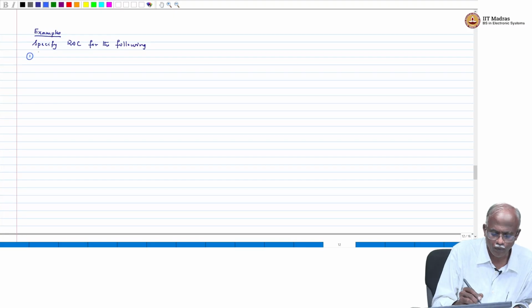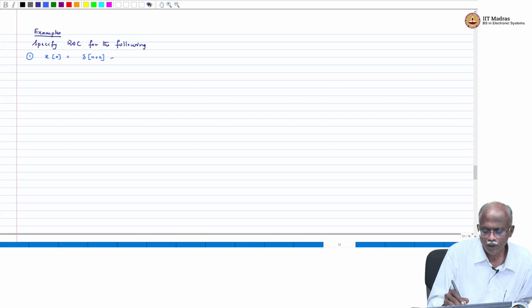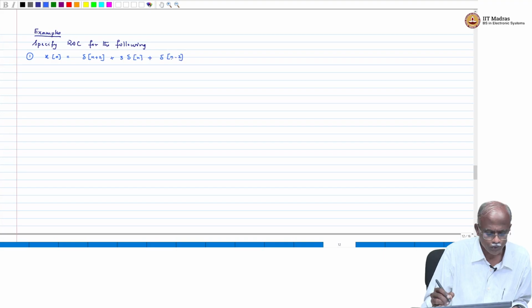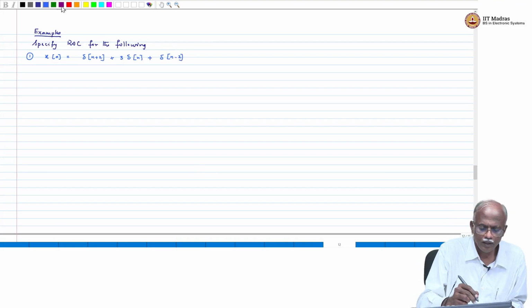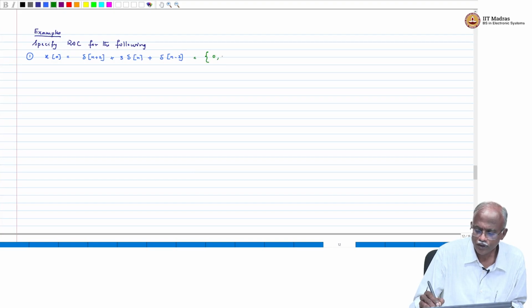So example number 1. x of n is equal to delta of n plus 2 plus 3 delta of n plus delta of n minus 2. Okay, so x of n is a sequence which has got zeros and then values of 1, 0, 3, 0, 1 and then zeros after that.